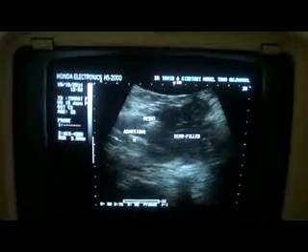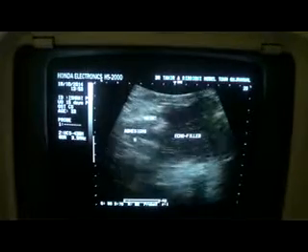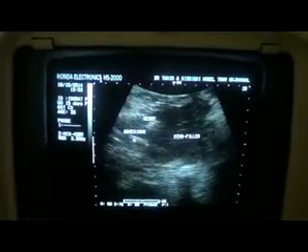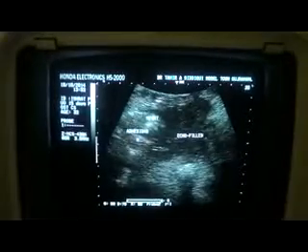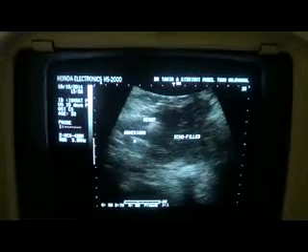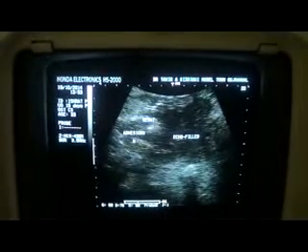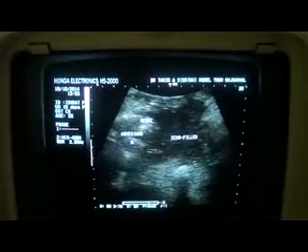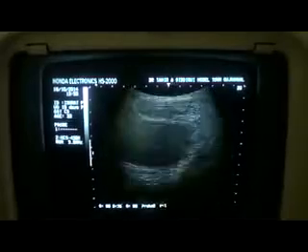You can see the shining movement of the particles within the fluid. You can see the area of adhesion in the region of the right lower abdominal quadrant, right iliac fossa. Now let's see what is the status of the liver, kidney.